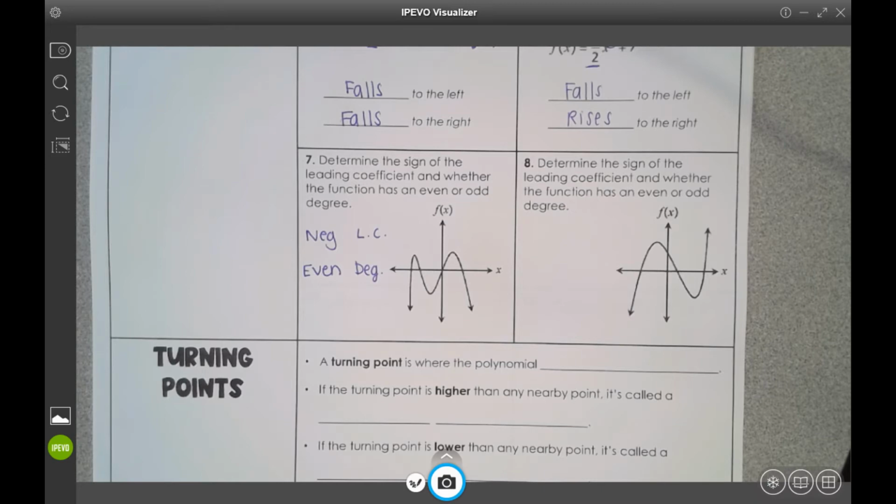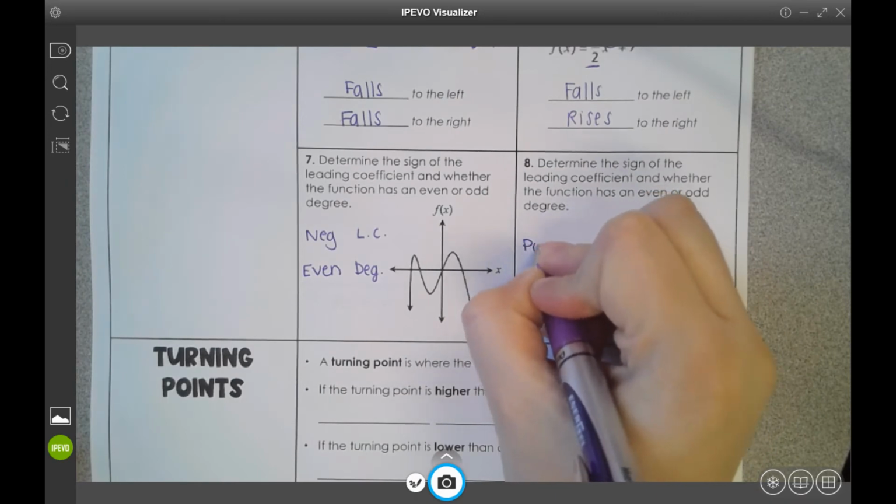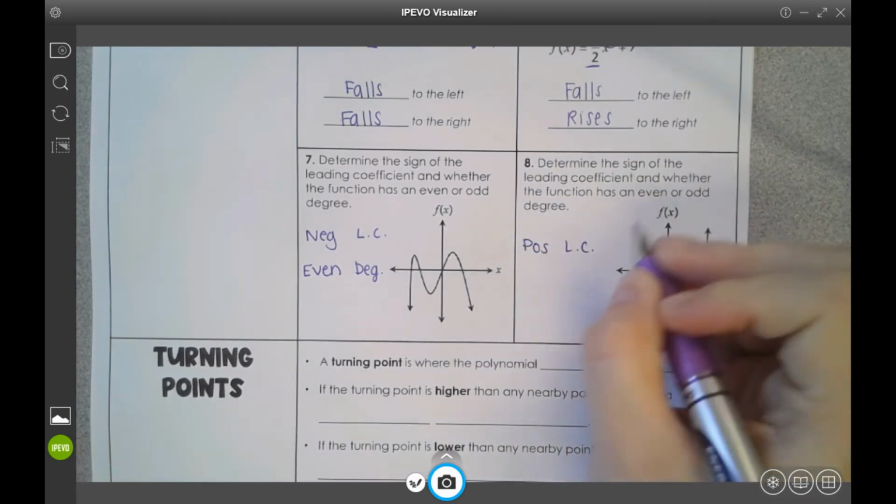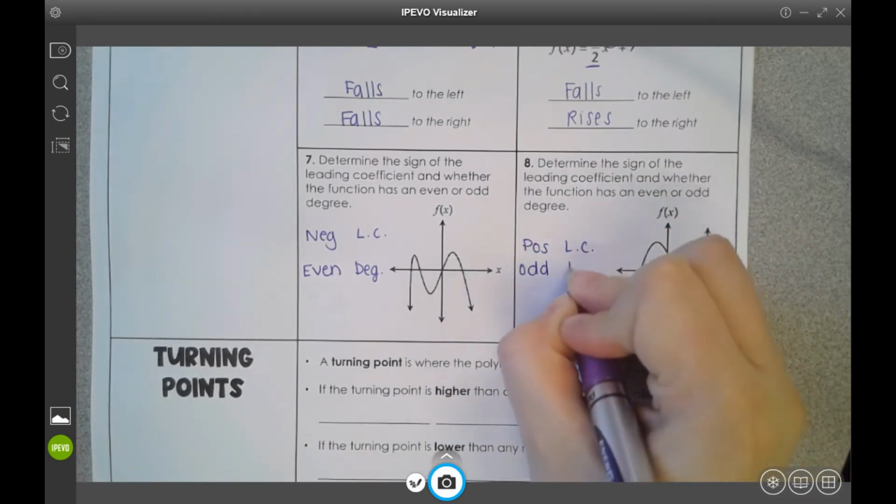And then number 8, the left one is down, the right one is up. So if you look at your chart, that would be a positive leading coefficient and an odd degree.